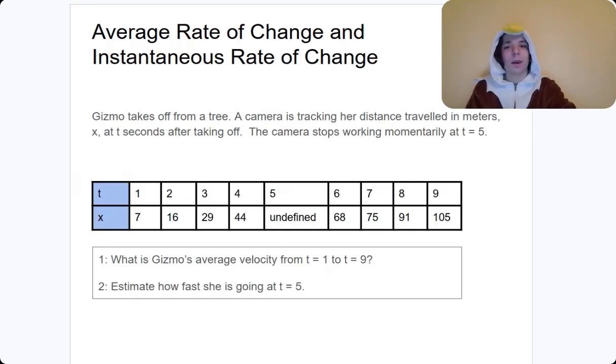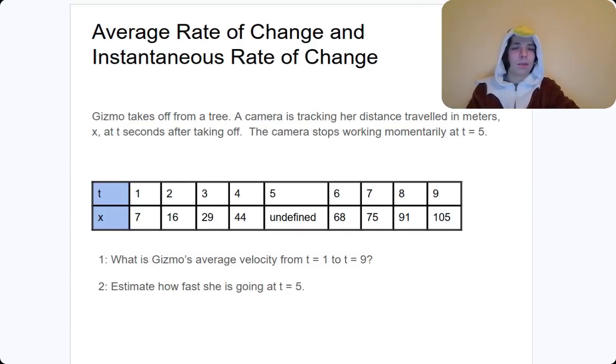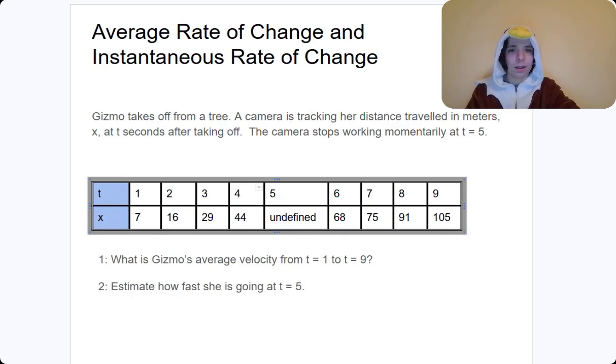Now, this is where calculus comes in. Estimate how fast she's going at t equals 5. If you were to take a guess of how fast she's going at 5 seconds, even though the camera's not working, what you'd want to do is get as close as possible to t equals 5. So you have t equals 4 and t equals 6 right here.